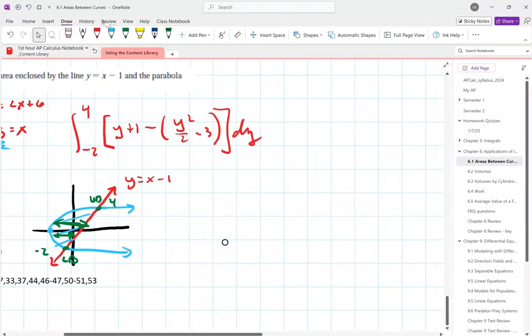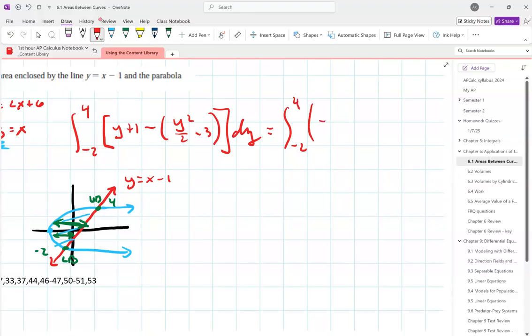Now I would probably clean that up a little bit to make the integral a little bit less complicated. Does that look okay there?